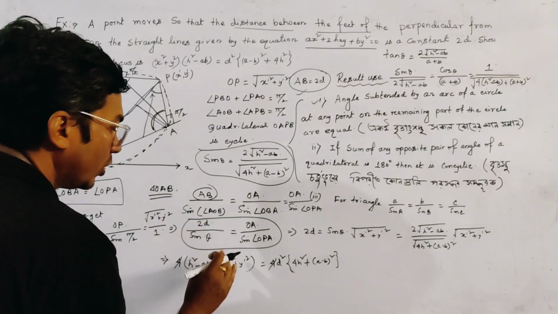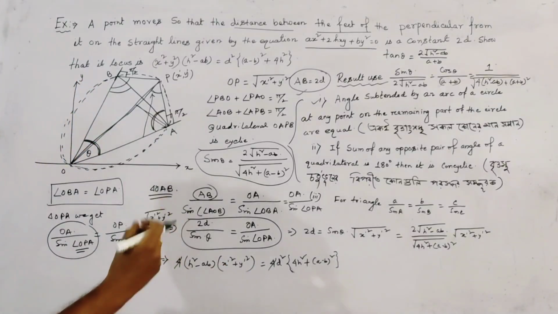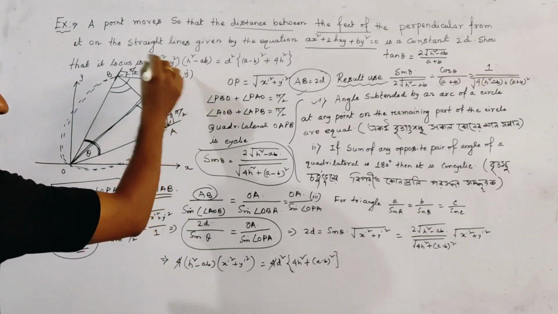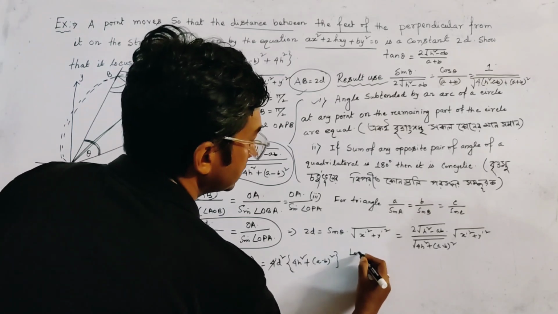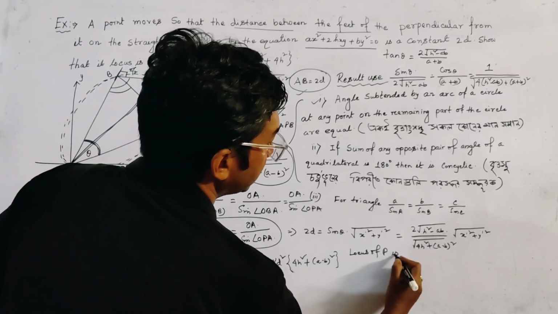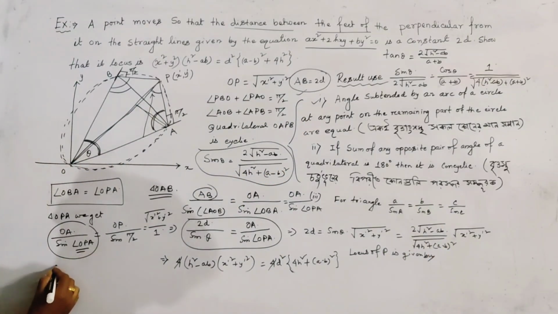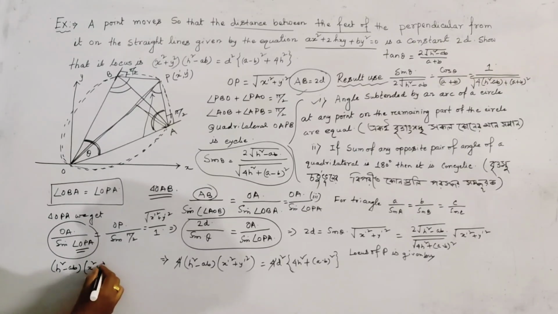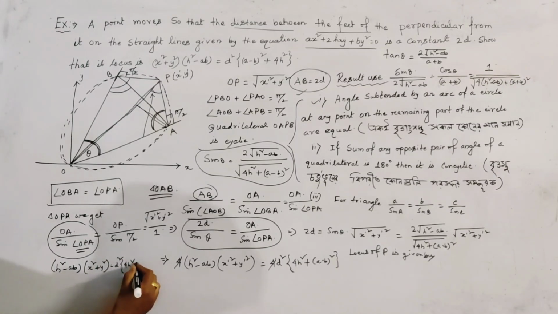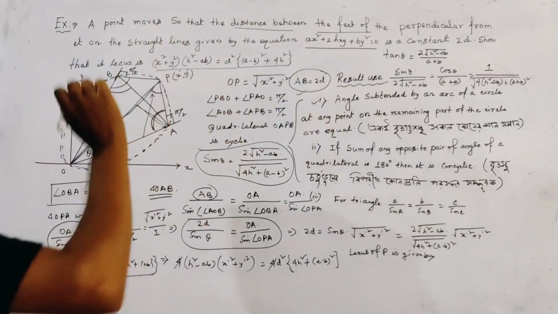Now putting the value of x dash, y dash by x and y, we get the locus of the point P. So the locus of P is given by h square minus ab into x square plus y square is equal to d square into, in the second bracket, 4h square plus a minus b whole square. Okay, and clearly this is our required result.